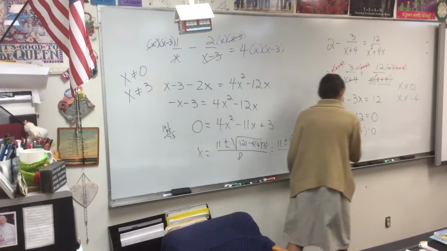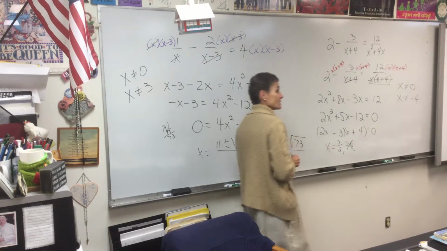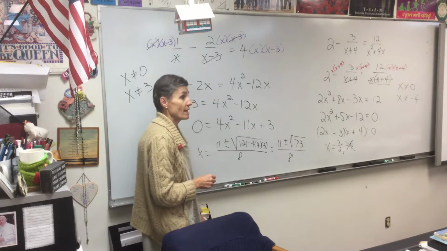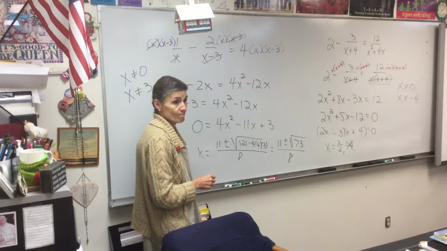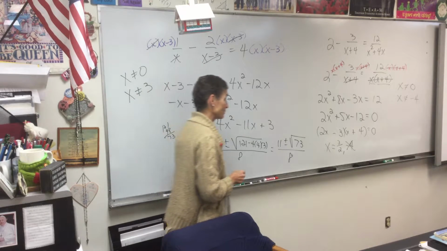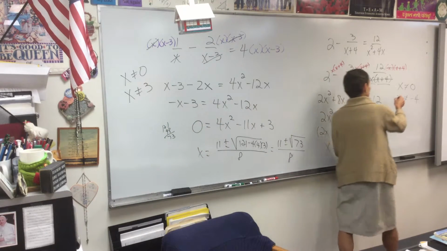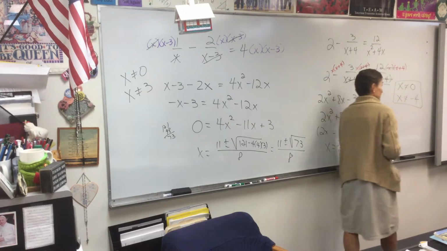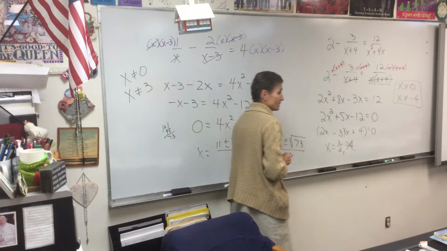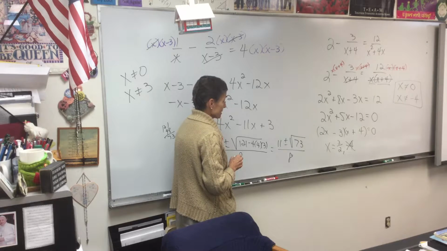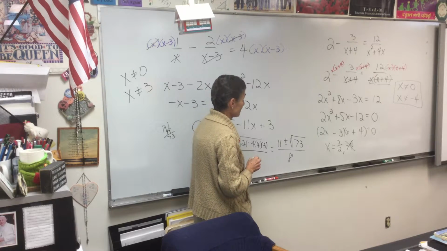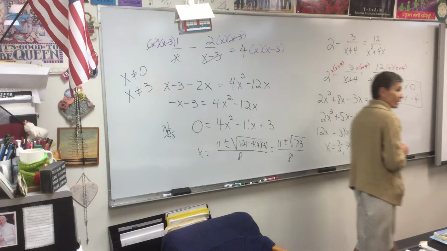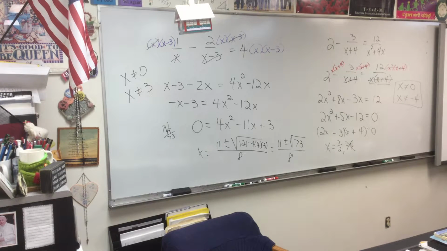So this one gets thrown out, and the only answer to the problem is 3/2. That's easy to forget. So sometimes people actually write these down at the very beginning of the problem just to remind themselves. You can't use -4. Okay, is that all right with everybody?